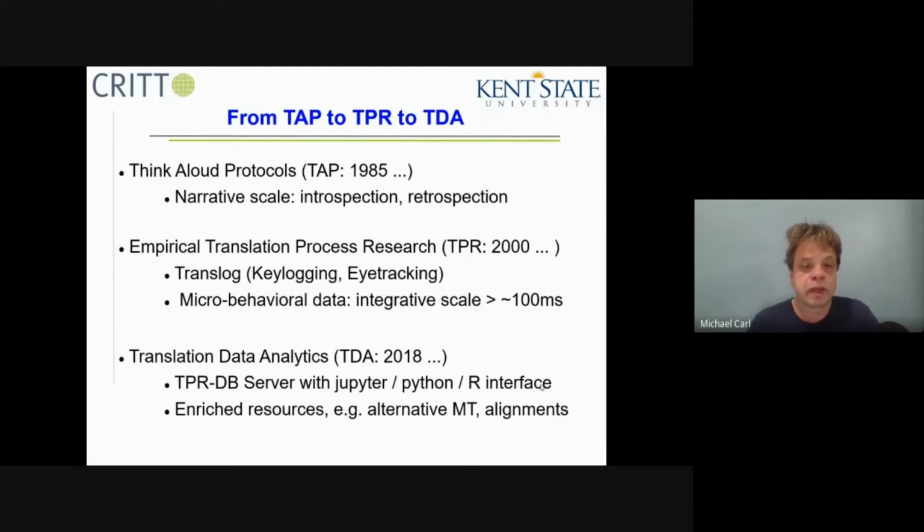We had a translog, which is basically an editor in which translators would type their translation, and they had a keylogging device. So every keystroke would be associated with a timestamp, so that one could replay and see exactly how translations evolve in time. And then in 2005, there was an I2IT project, or eye trackers became available around 2000 or so, and some companies produced eye trackers that were suited to connect to those keylogging programs.